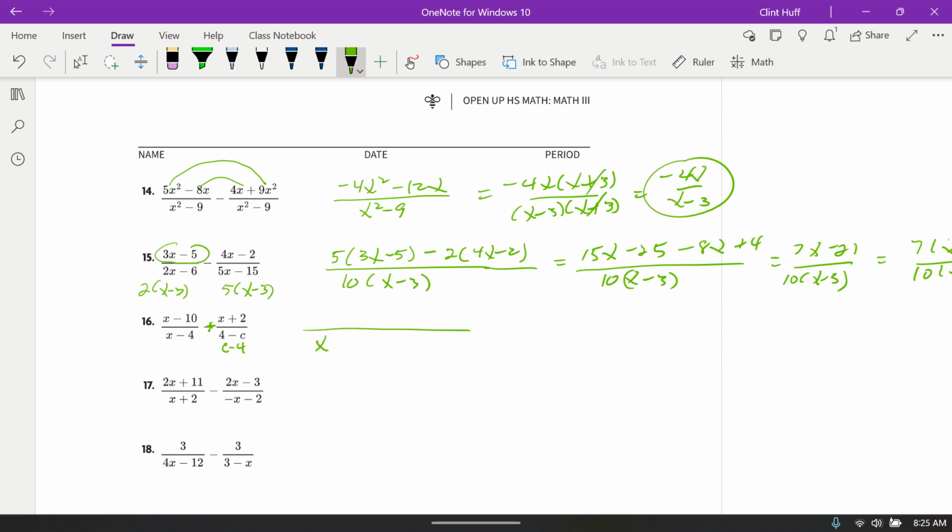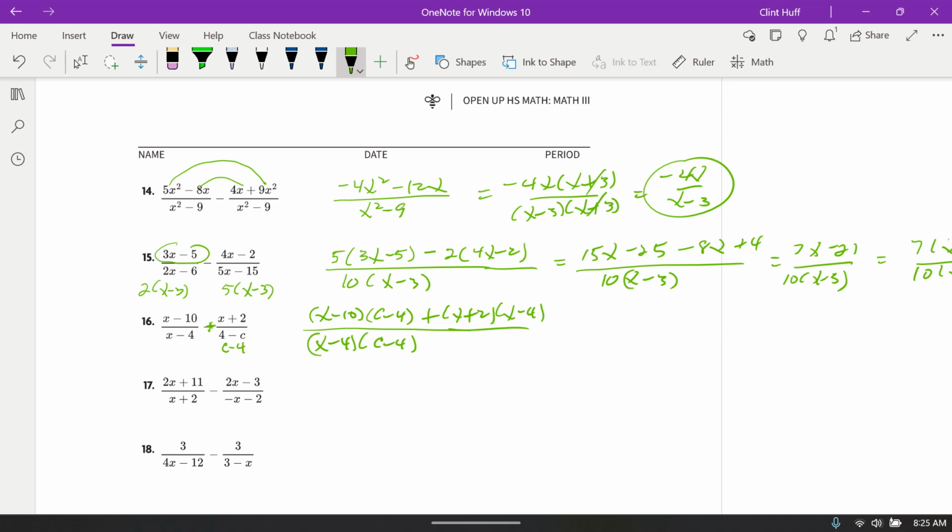So what does that do? That makes my common denominator (x minus 4) times (c minus 4), which means the x minus 10 in the numerator above x minus 4 has to be multiplied by c minus 4, plus the x plus 2 in the second one has to get multiplied by what? x minus 4.